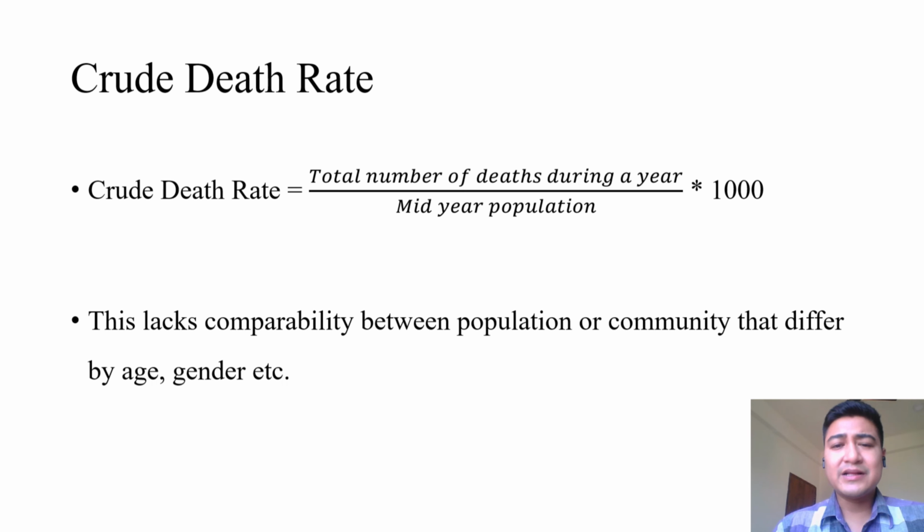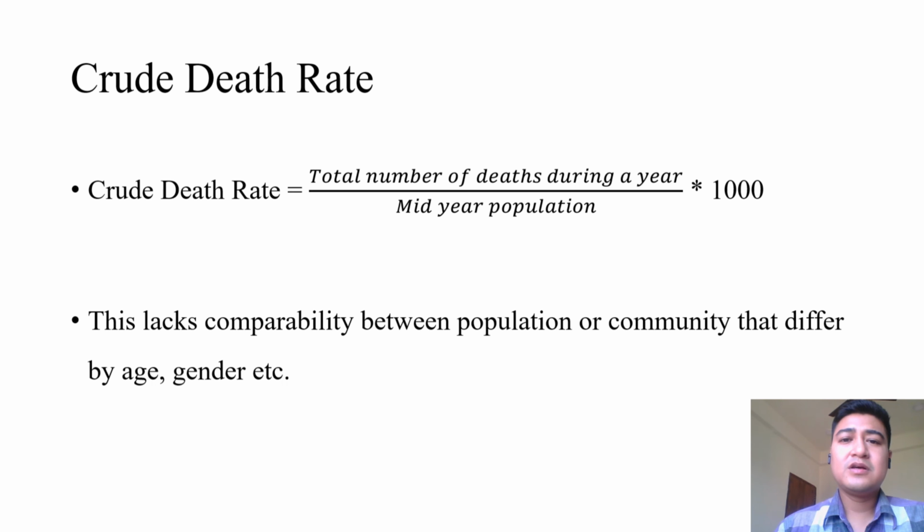Coming to the crude death rate again. Crude death rate is used for comparing two different regions: how much is the death rate of the two different regions? But it lacks comparability because the populations or communities may have different age pyramids, the gender would be different, it would not be matched.